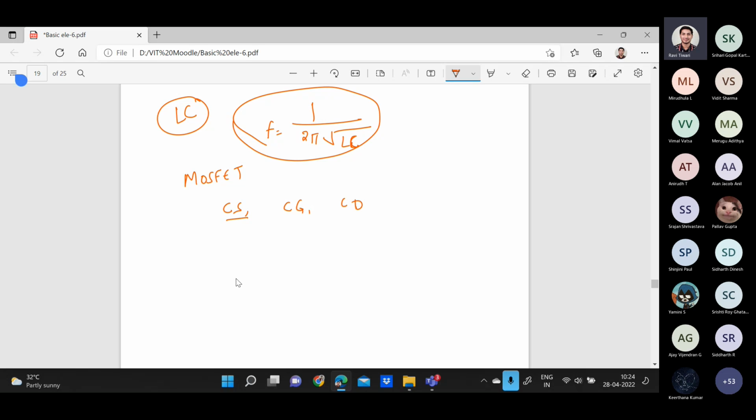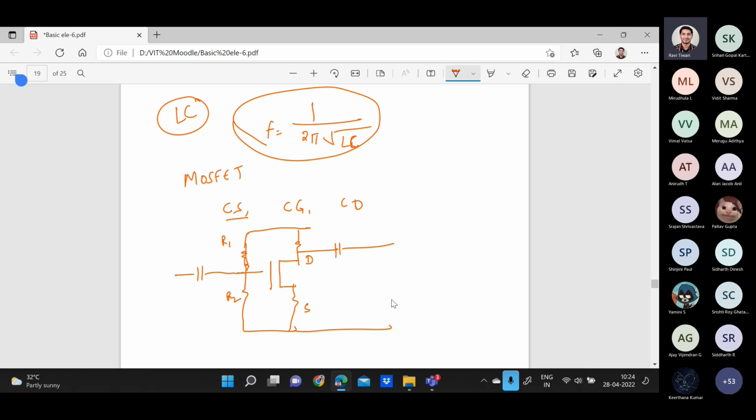What is the meaning of common source? If you have a MOSFET like this, for example, this is the drain terminal, this is the source terminal, and this is the gate with a voltage divider circuit, suppose this is R1 and this is R2.